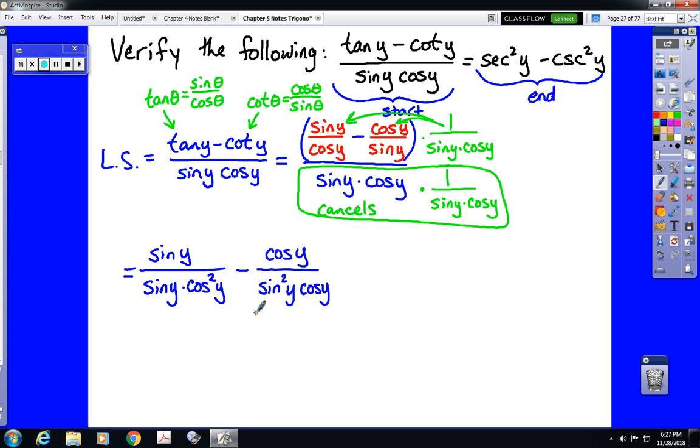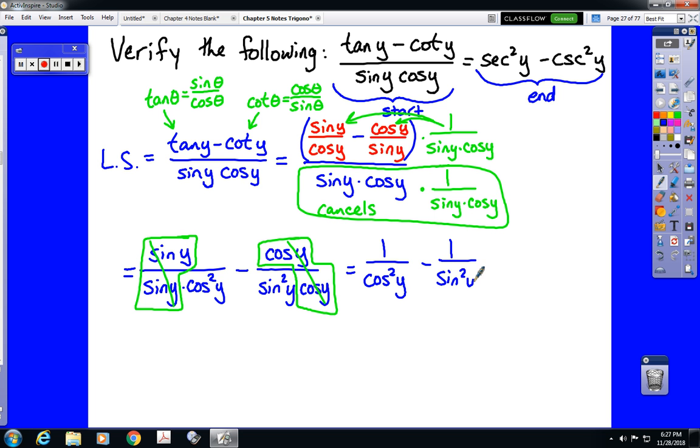Alright, so from there, we need to notice that within each of these fractions, we have something that will cancel. We have a sine y over sine y, that will cancel, and we have a cosine y over cosine y, that will cancel. So this expression will turn into 1 over cosine squared y minus 1 over sine squared y.